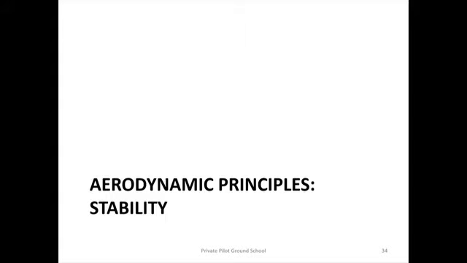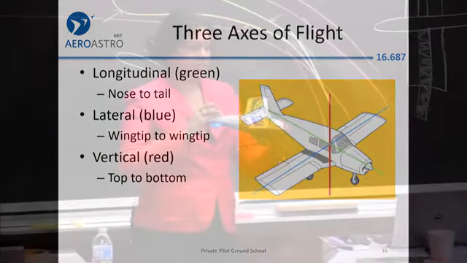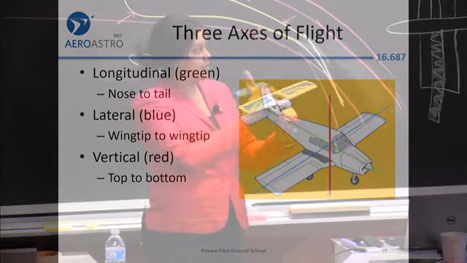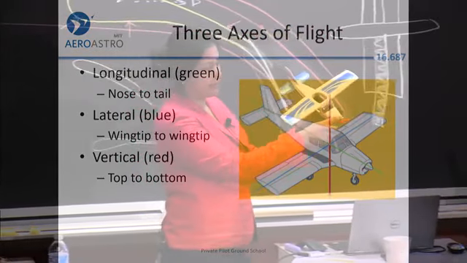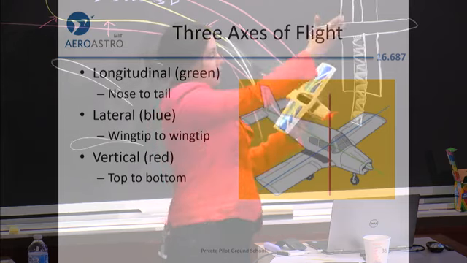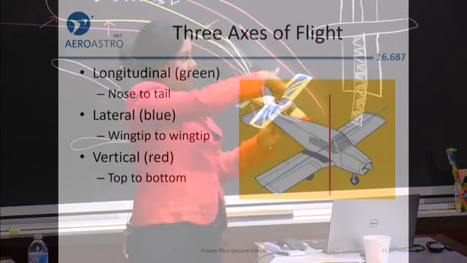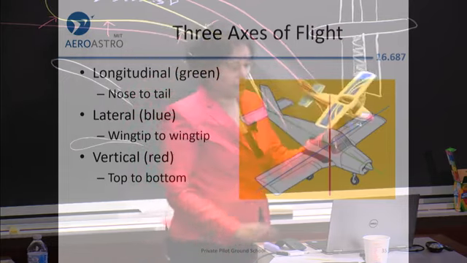Okay, so let's talk a little bit about stability, and we'll start by talking about the three axes of flight. There is a longitudinal axis, which is basically from the nose to the tail of your airplane. Then there's a lateral axis, which is from wingtip to wingtip, and then vertical, going straight through the plane.